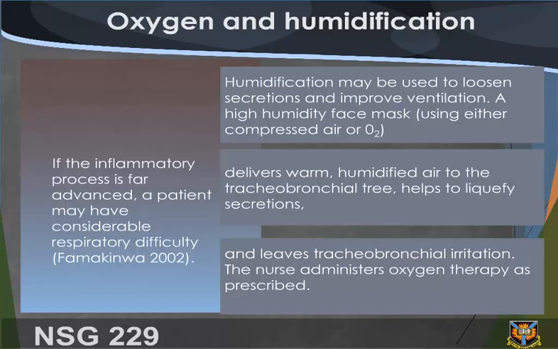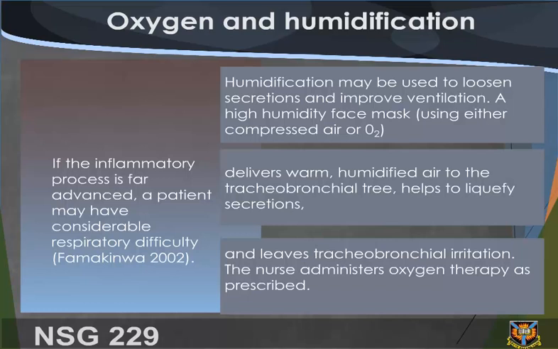Oxygen and humidification. If the inflammatory process is far advanced, a patient may have considerable respiratory difficulty. Humidification may be used to loosen secretions and improve ventilation. A high humidity face mask using either compressed air or O2 delivers warm, humidified air to the tracheobronchial tree, helps to liquefy secretions, and relieves tracheobronchial irritation.